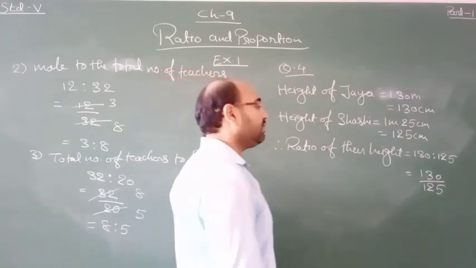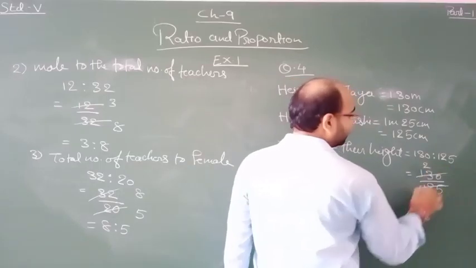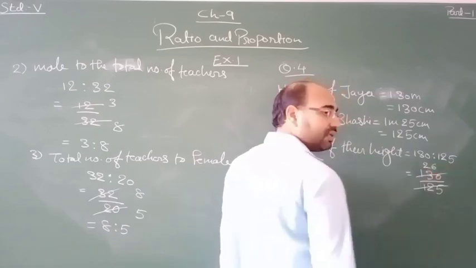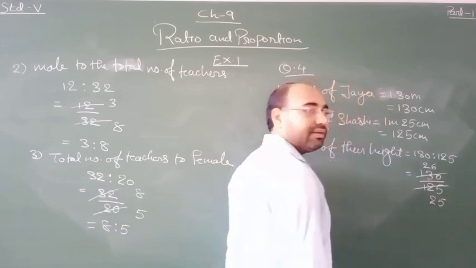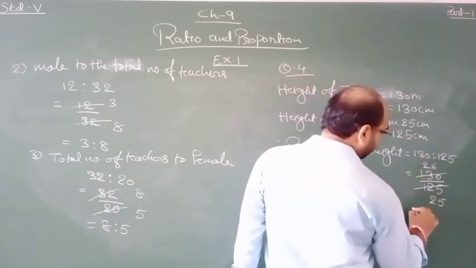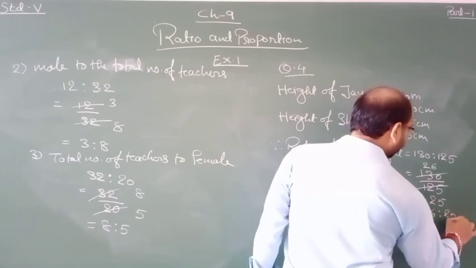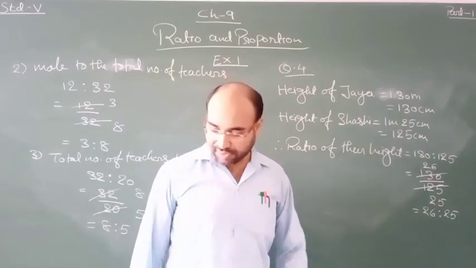Now both are divisible by 5. So 5 2s is 10, 3 and 0 30, 5 6 is 35, 25 is 125. So our answer comes, that is 26:25. So this is the ratio of their height.